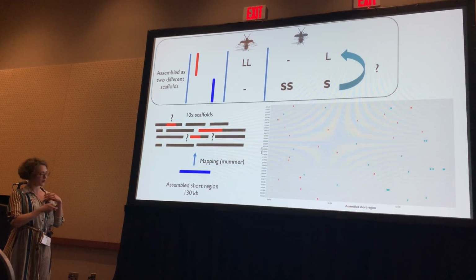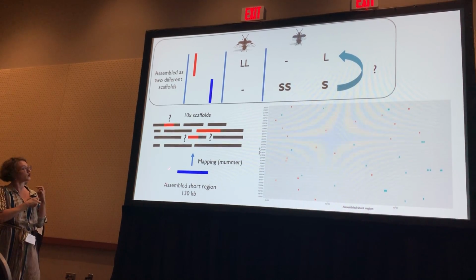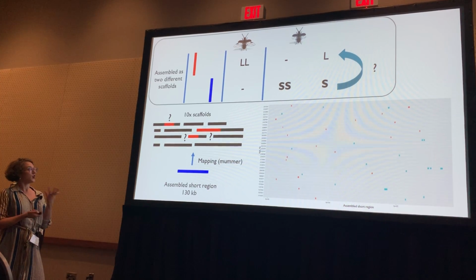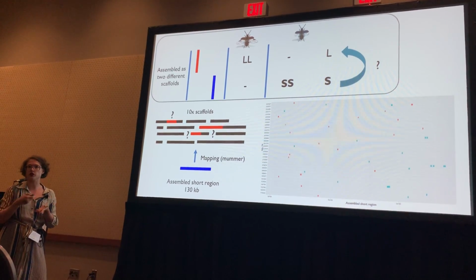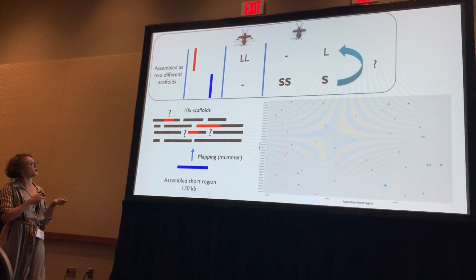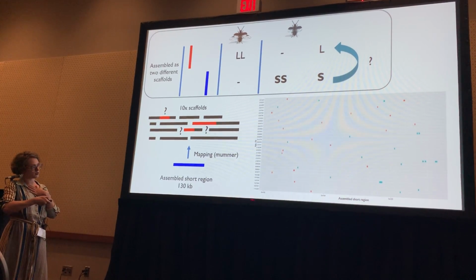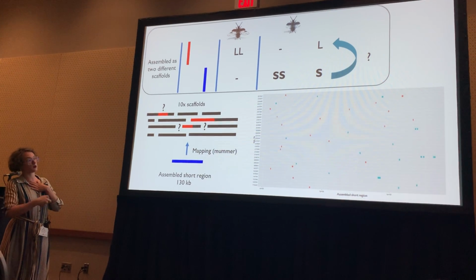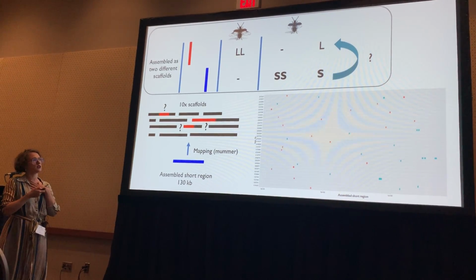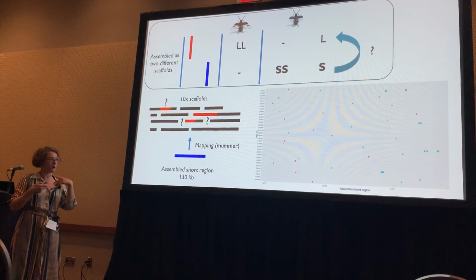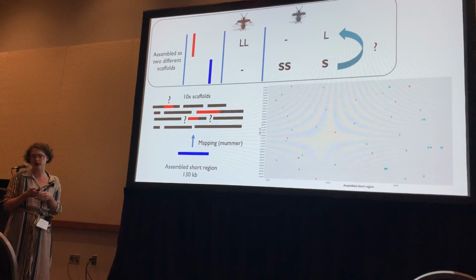And so I mapped the short wing region to the remaining part of the genome, hoping that some parts of the short wing region would map somewhere. But apparently we don't see that. The bottom line here is the assembled short region, and we only see very short mappings, a max of 2 kb, to other scaffolds which are repeats.